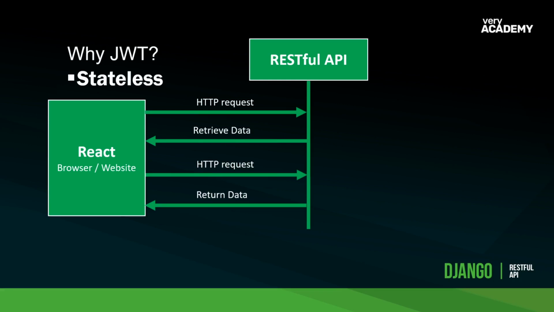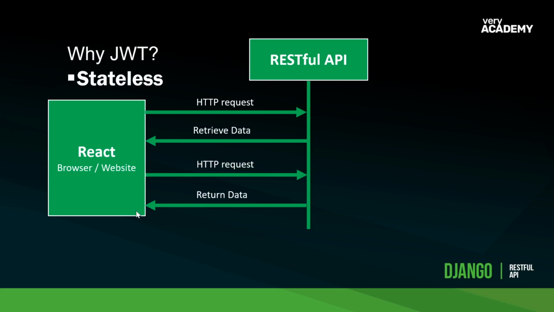So this is where JWT, JSON Web Tokens, come into play. In React, we're going to log in using a normal login form. We're going to send that across to our server and authenticate with the server. The server is going to generate some web tokens and send them back to us in React. And then in React, or somewhere on that device, we're going to store those tokens.